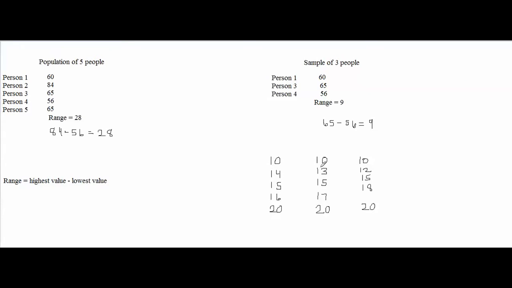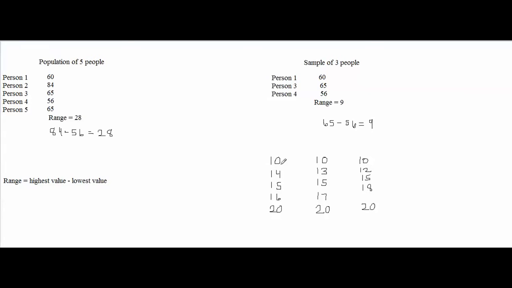These three numbers are 2 apart, so these three numbers have more dispersion than these three numbers over here. And these three numbers are 3 apart, which is more dispersion. So as we go from this list to this list to this list, we're seeing more and more dispersion between these three middle numbers. Right here, the three middle numbers are 1 apart. Here they're 2 apart, and here they're 3 apart.